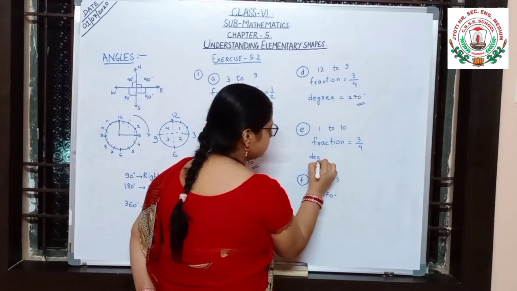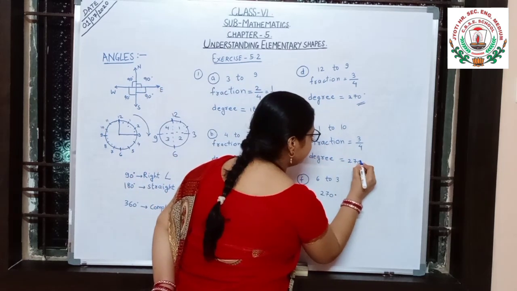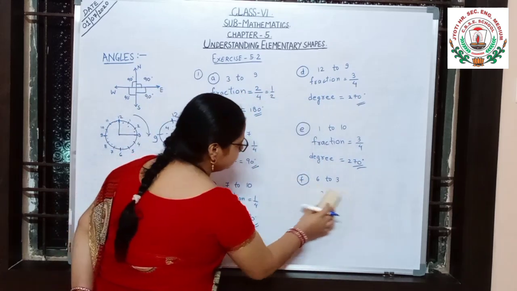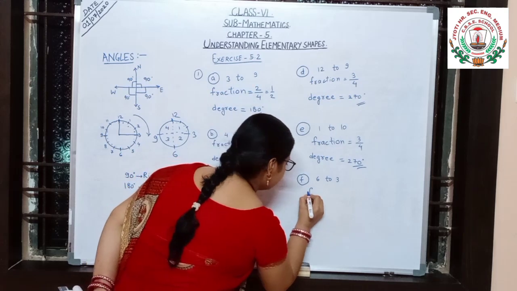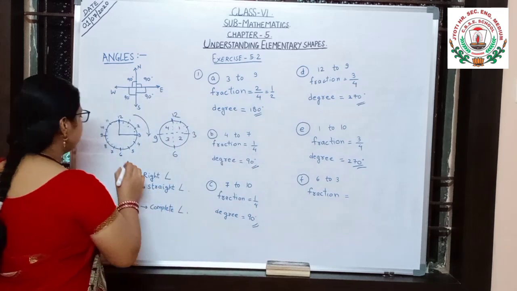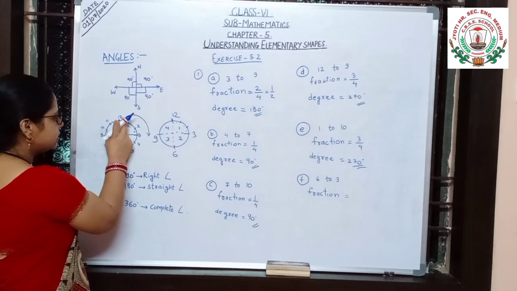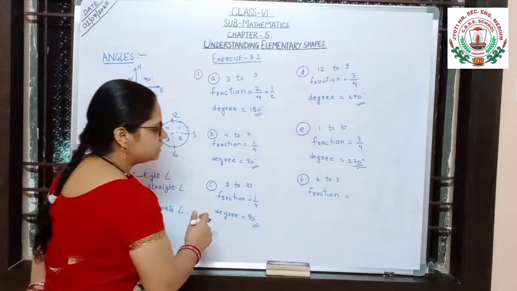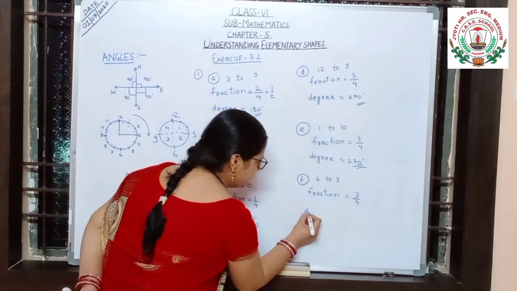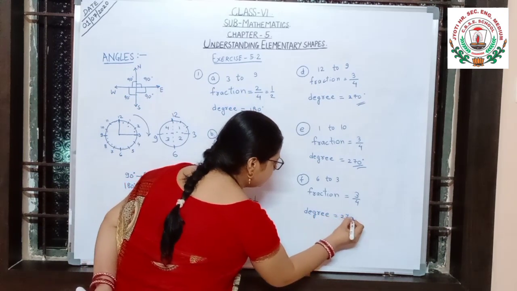And degrees how much? 3 times 90, that is 270 degrees. 6 to 3. Here 6 is going up to 3: 1, 2, 3, 4, 5, 6, 7, 8, 9. Means 3 blocks it is covering out of a total of 4. Cannot cancel. It will remain like that only. And degrees how much? 3 times 90, that is 270 degrees.